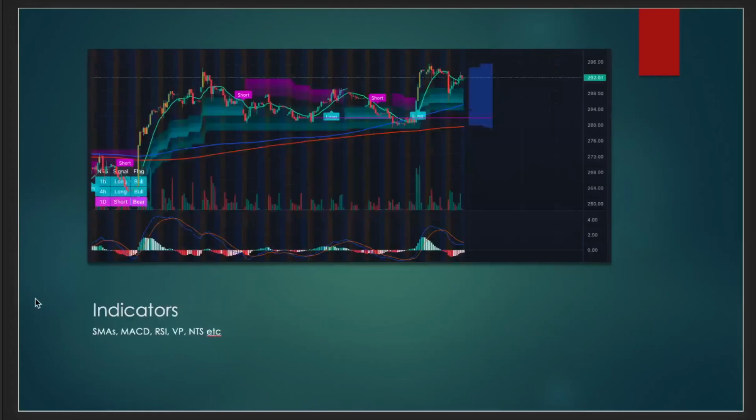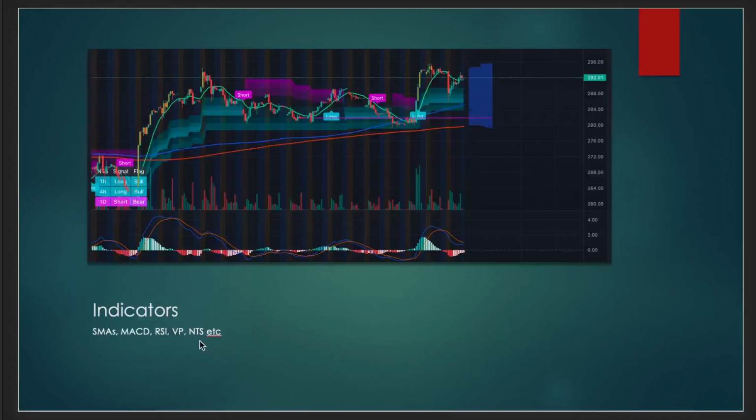To wrap up the technical analysis, we looked at indicators. We use simple moving averages and sometimes exponential moving averages as well, as support and resistance. We use the MACD and the RSI to determine momentum and overbought or oversold conditions. We use the volume profile, which tells you what price level has had the greatest volume.